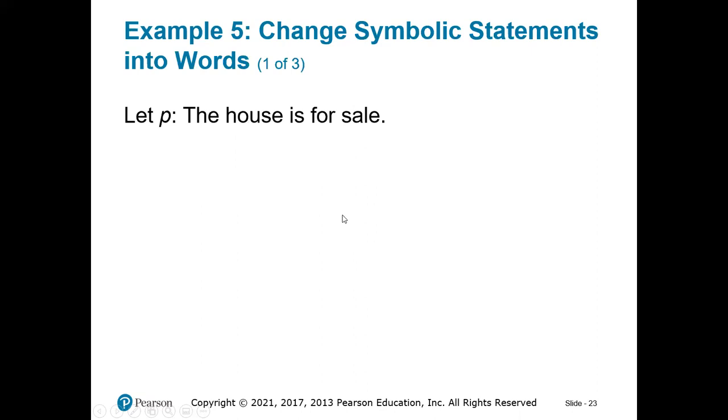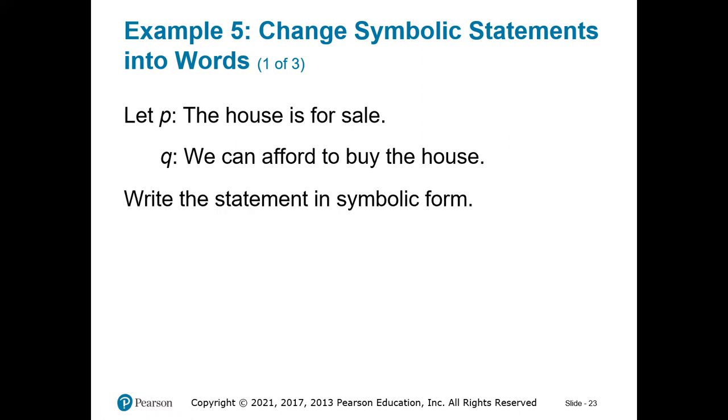Okay, here's another statement. P, the house is for sale. Q, we can afford to buy the house, right? The statement in symbolic form. Well, here, they are asking us to do the opposite. They gave us the symbols and they ask us to write down the sentence. So how are we going to go backwards?